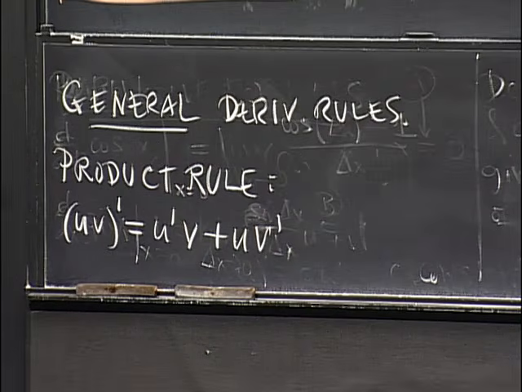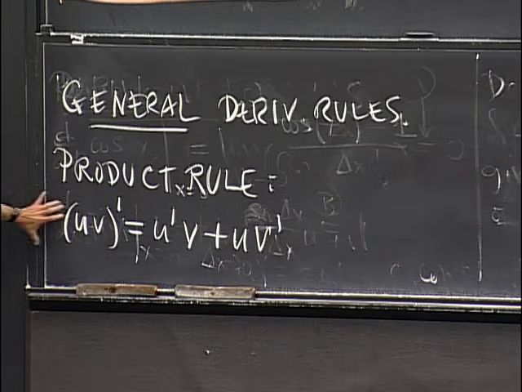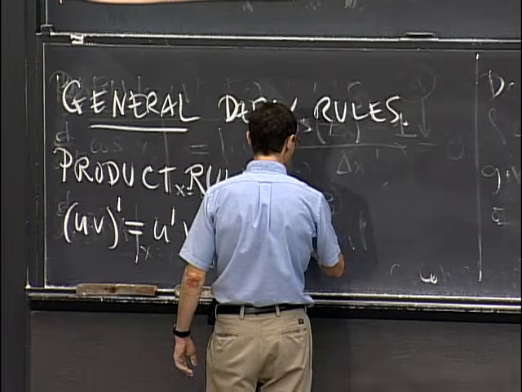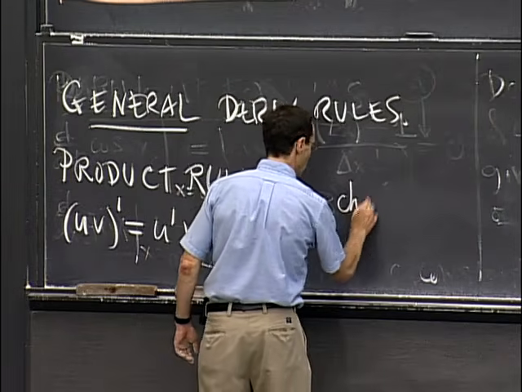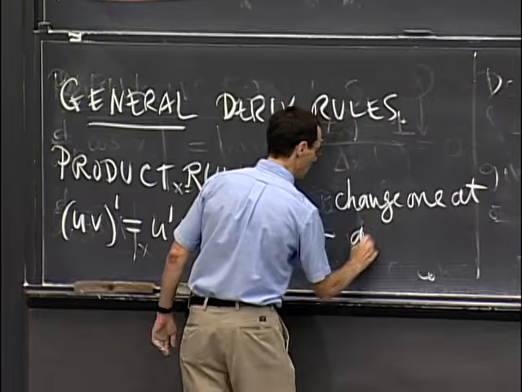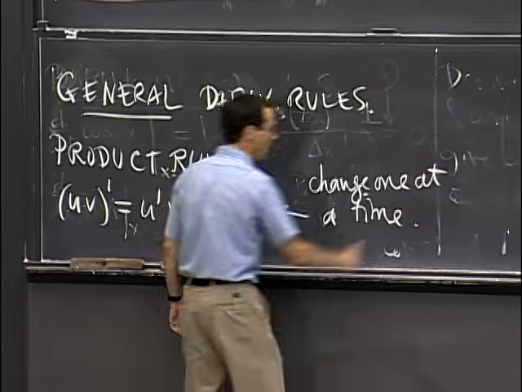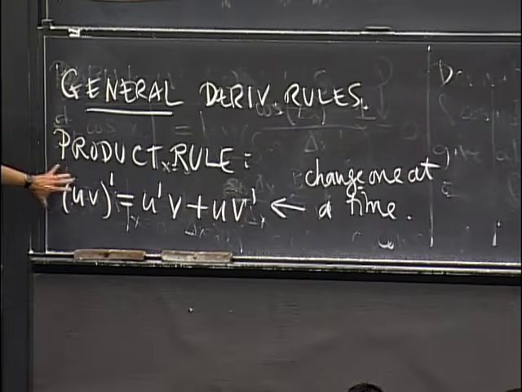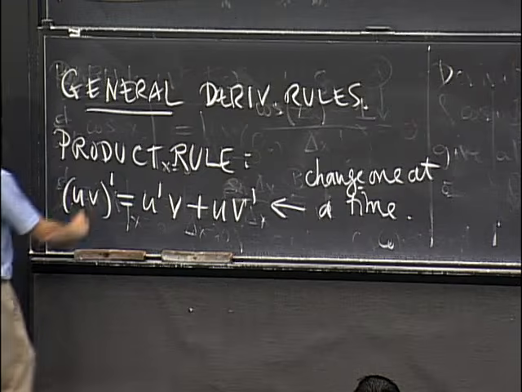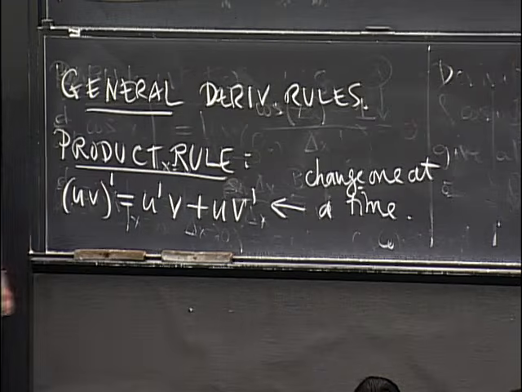Now, the way that you should remember this, and the way that I'll carry out the proof, is that you should think of it as you change one at a time. This is a very useful way of thinking about differentiation when you have things which depend on more than one function. So this is a general procedure.